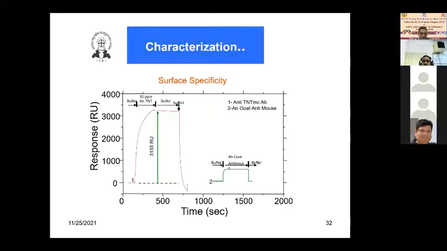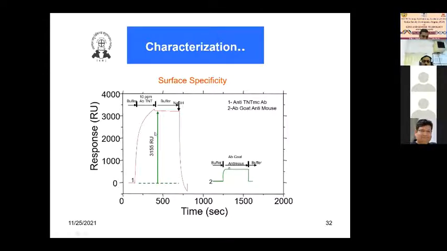And then you always want to be assured that you are putting your antigen and antibody properly, and how you check whether your surface is specific or not. So what we did, we put our TNT analog over the surface, and we checked that your anti-TNT antibody, the mouse monoclonal, is giving a very huge response of around 3000 RU here.